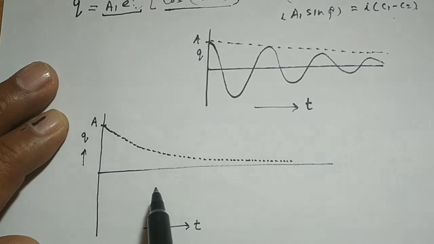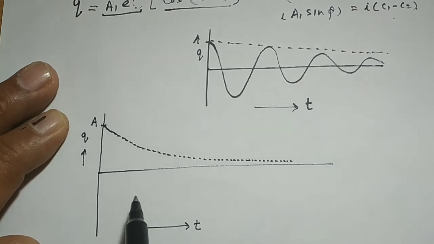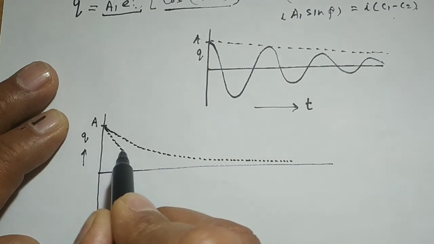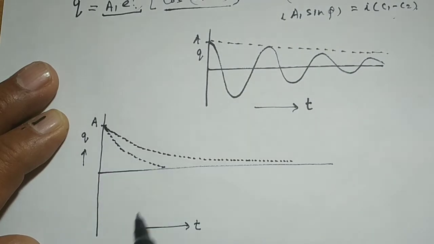Whereas in the second case, when critical damping is there, the total charge will come to 0 in a very short time.